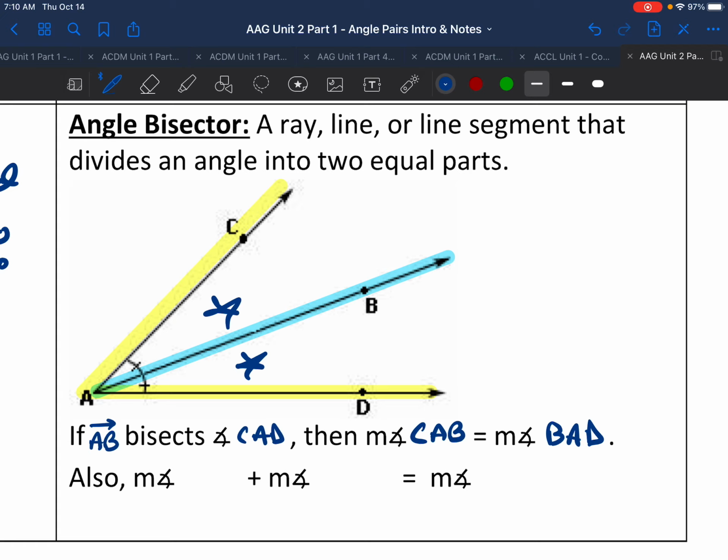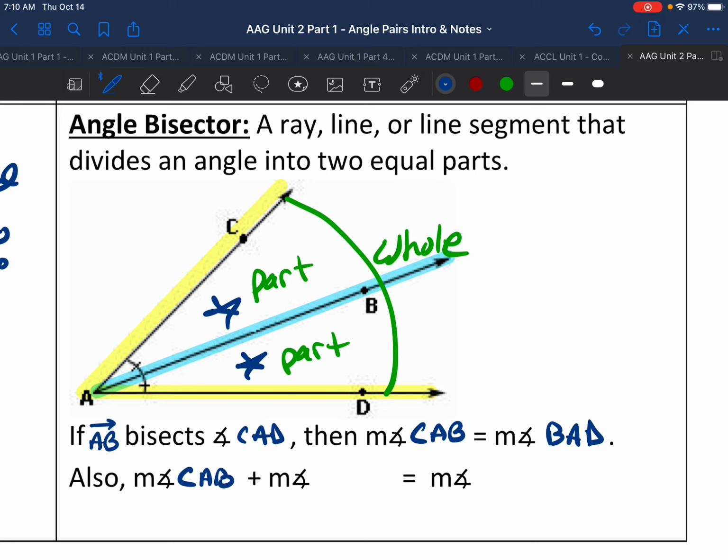I'm also going to write down at the bottom this whole idea that part plus part equals the whole thing, okay? So I'm going to now write the measure of angle CAB, that's what the little m means, the measure of angle CAB plus the measure of angle BAD, so those are the two parts, are equal to the entire angle.